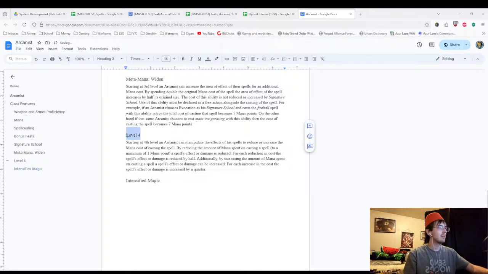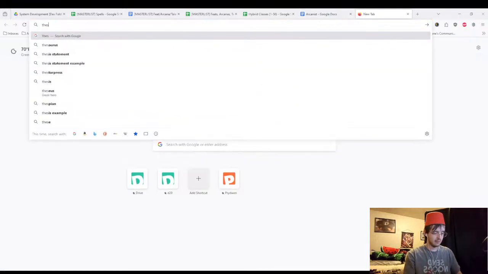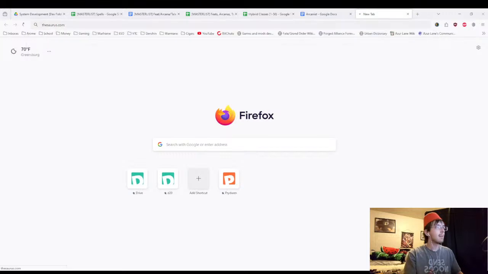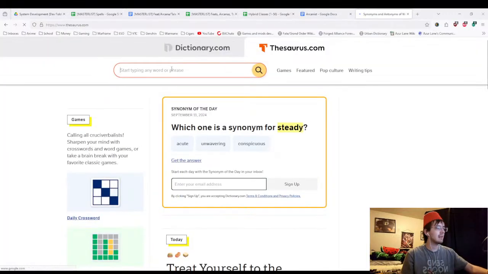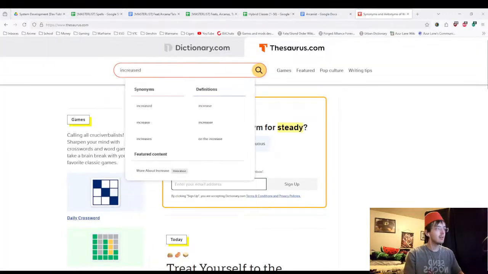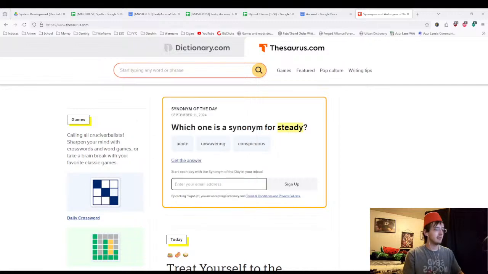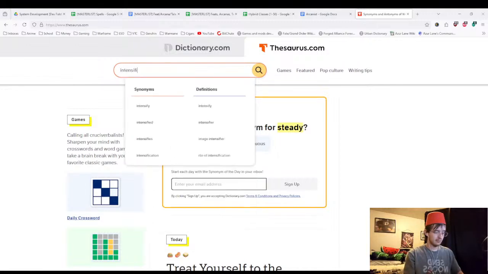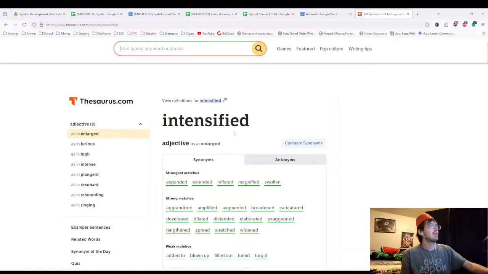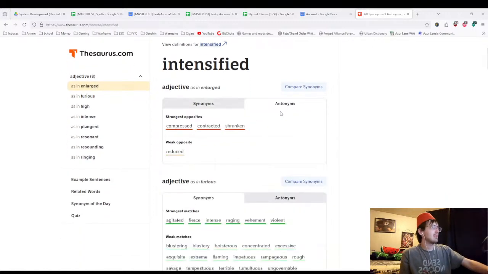So we're going to make an adjustment here. What's the opposite of intensified? I know reduced is the obvious one here. Thank you, Thesaurus. Antonyms. Compressed? That's not right.